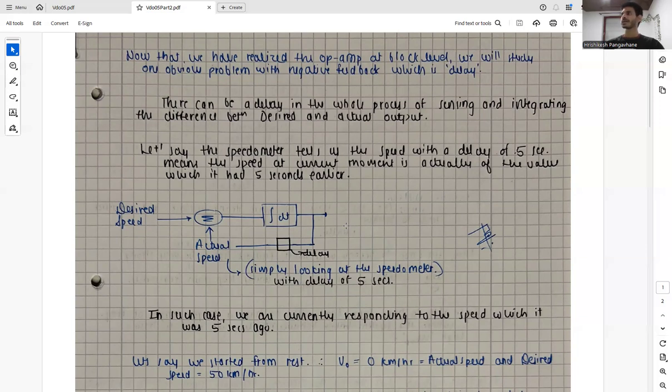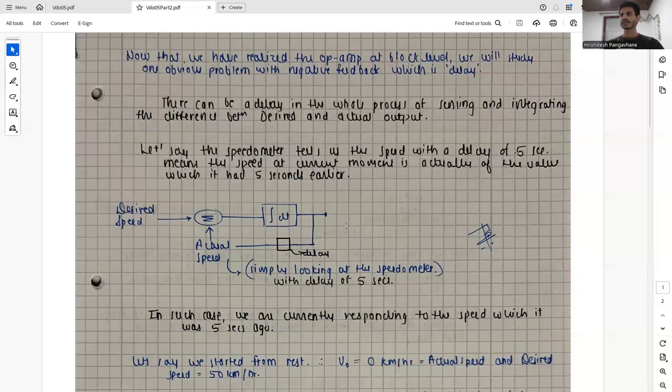We will study one obvious problem with a negative feedback loop or negative feedback amplifier, which is delay. There can be a delay in the whole process of sensing and integrating the difference between the desired and the actual output. Let's again take the example of a speedometer, and say the speedometer tells us the speed with a delay of 5 seconds.